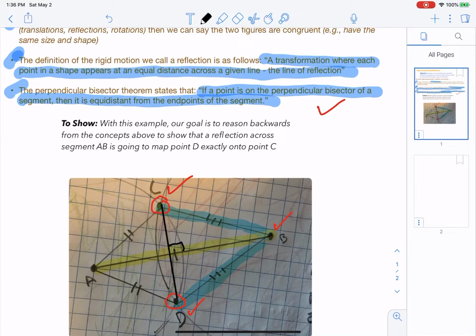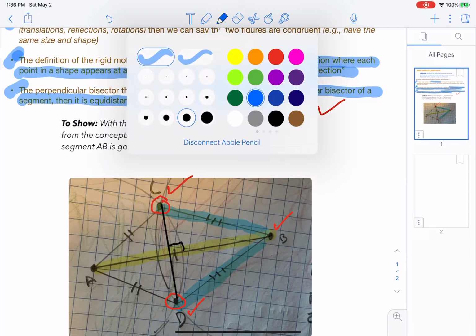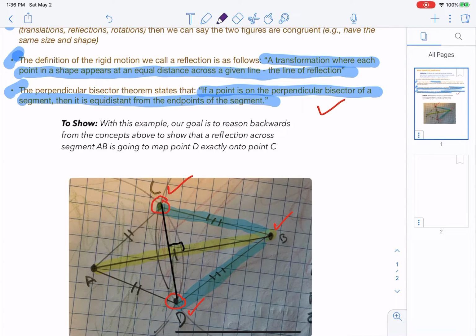Similar logic on the other side. Okay, so I'll use still a different color. Notice, based on the construction we did yesterday, that line segment AC is congruent to line segment AD.